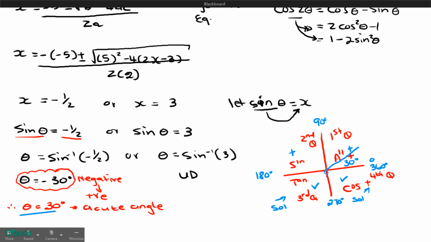If we go to the third quadrant, we are jumping 180. So it is 180 plus 30 degrees, which gives us 210 degrees.